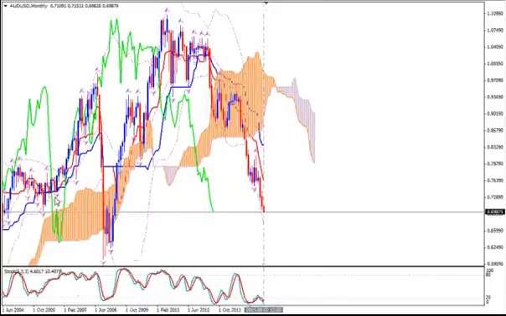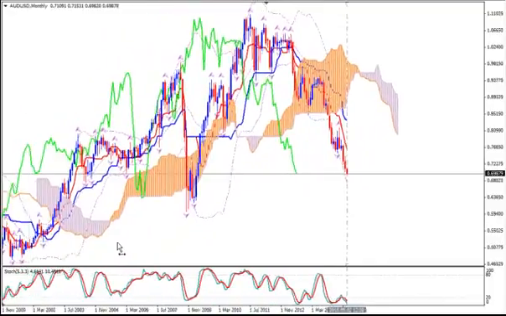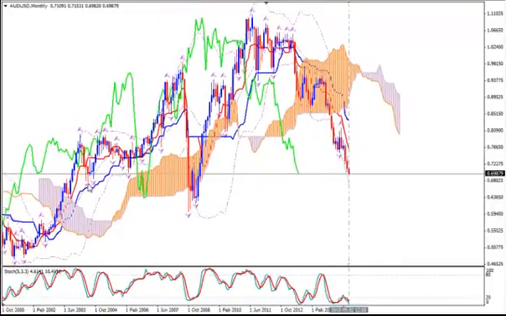The next point of reference in terms of profit taking target is 0.6737, where the price had made a down fractal in June of 2004.